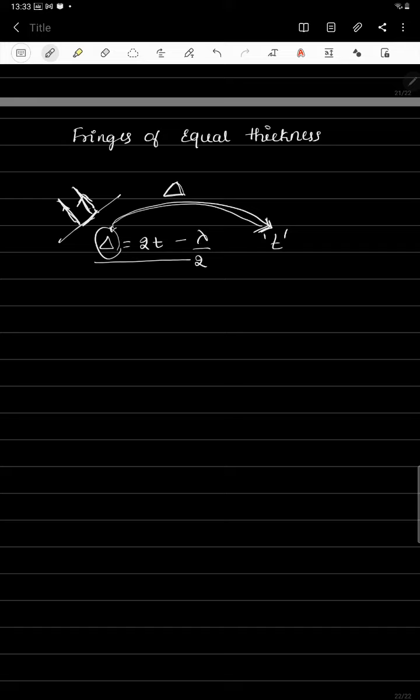For those thicknesses where the path difference is m lambda, you are going to get the minima. For the thicknesses where the path difference is equal to (2m plus 1) lambda by 2, you are going to get the maxima.